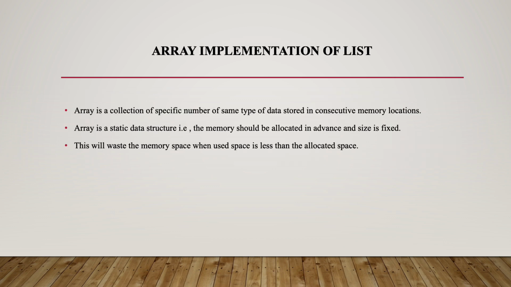So coming to the next, array implementation of list. Now let's understand how arrays are used to implement a list. Arrays store the data in consecutive memory locations, that means continuously, which means all the elements sit right next to each other in the memory.